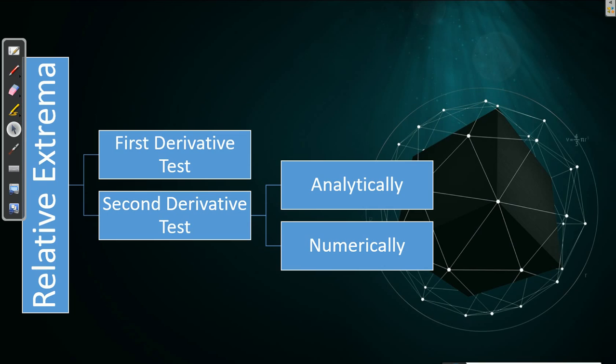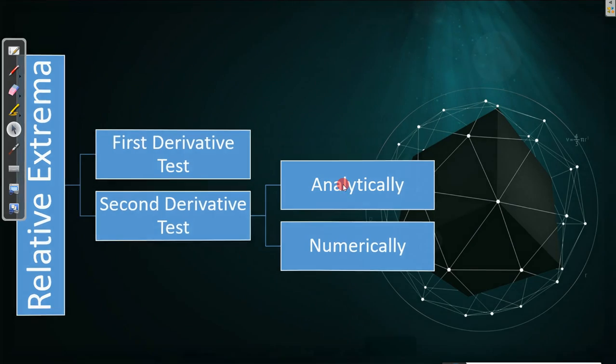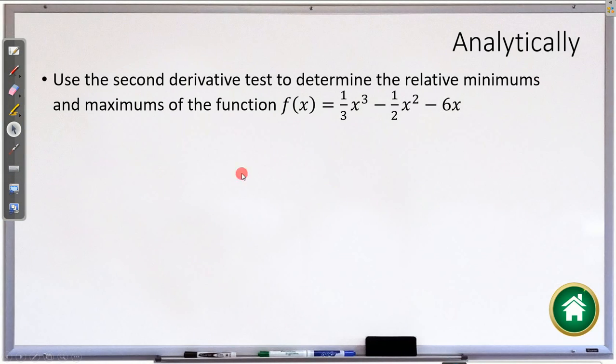So we're going to start by doing this analytically with an equation. How can we use the second derivative to find a minimum or a maximum? So we have this equation here, and we're going to use the second derivative test to find minimums and maximums. I think we used this equation once already.